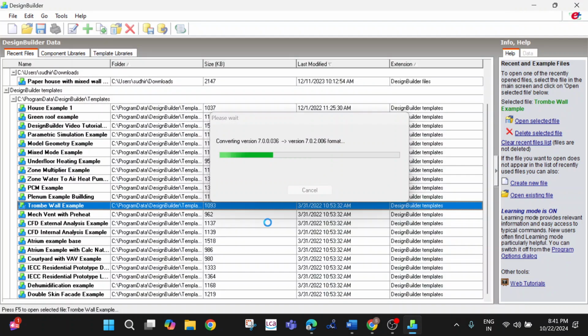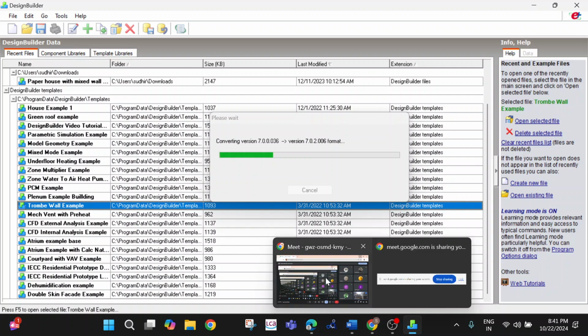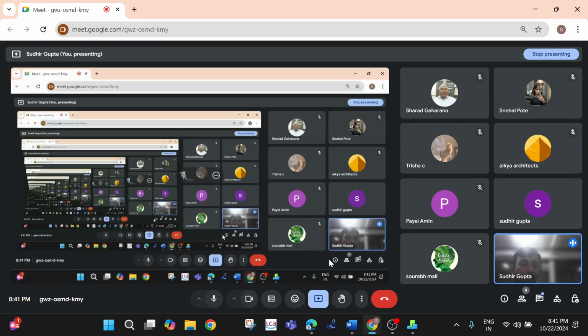So how many of you are able to recall the primary or main function of the Trombe wall and how it works? That example I have shown, and the functioning of Trombe wall construction in the building, I have explained already. So are you able to recall the working principle of the Trombe wall, or should I explain the principle first?